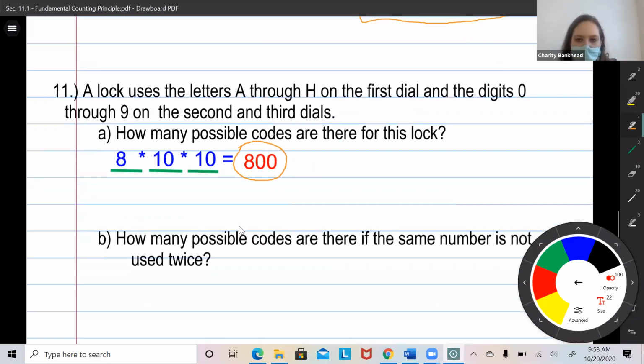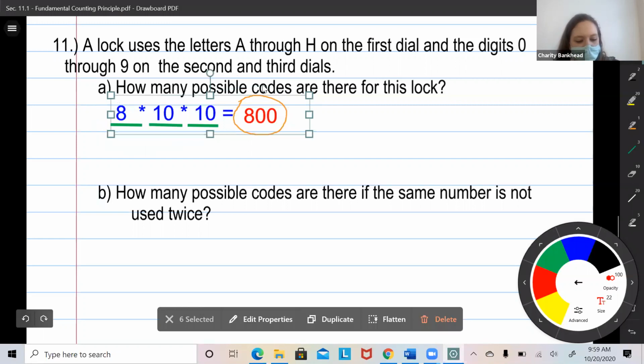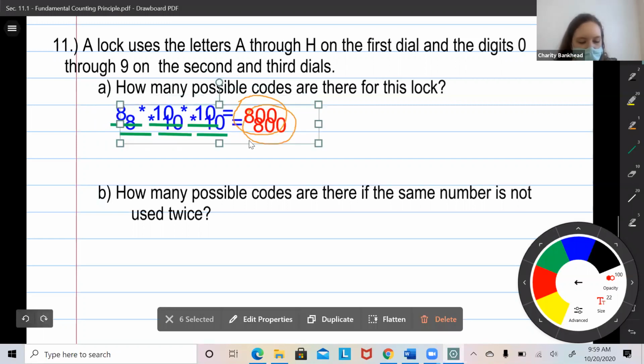All right. And then on that same problem, how many possible codes are there if the same number is not used twice? Okay. So it's mostly the same. The only difference is that third digit.